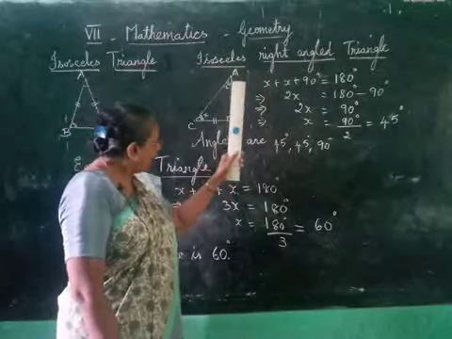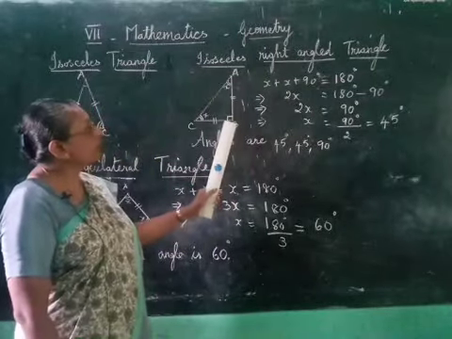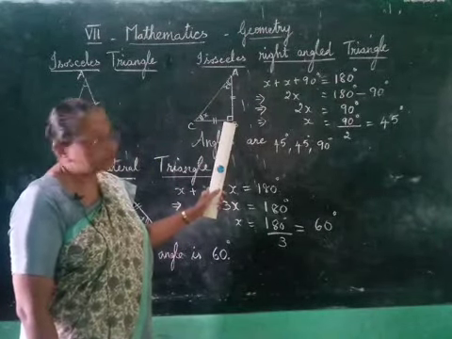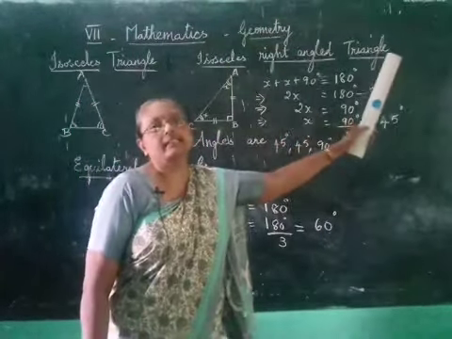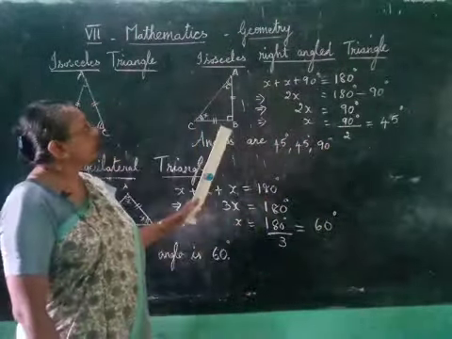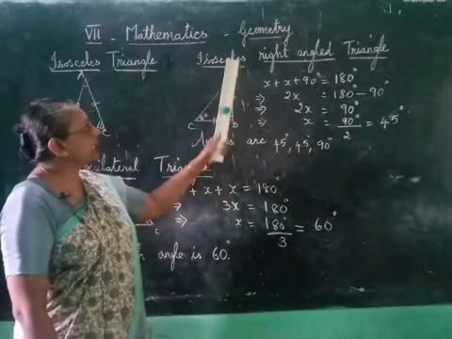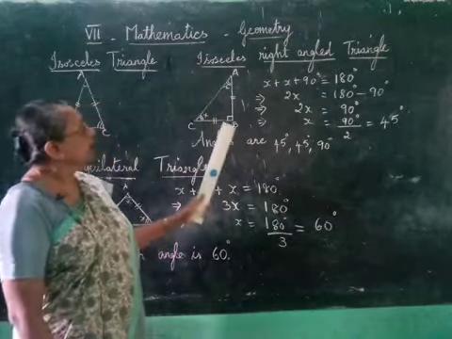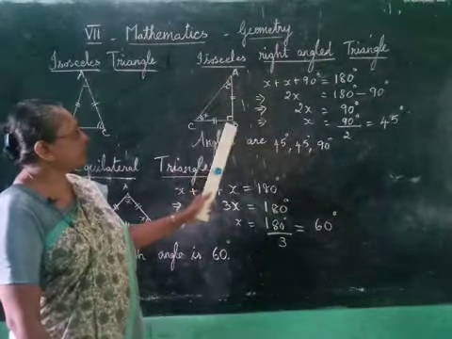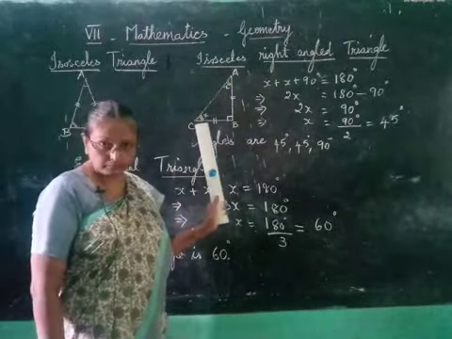Now in an isosceles triangle, if one of the angles is 90 degrees, then that triangle is called an isosceles right angled triangle. Here suppose ABC is an isosceles right angled triangle and sides AB and BC are equal.